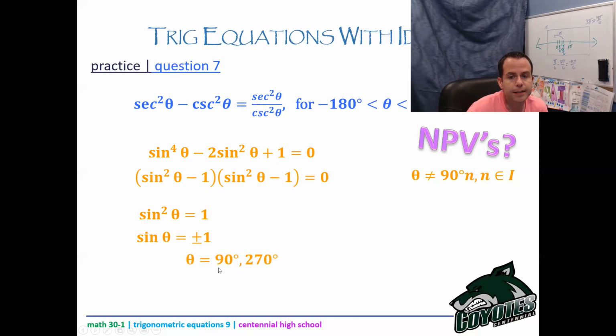I'm looking at 90 and 270. Then I have to do 2 things. I have to look at my domain, and I have to look at my NPVs. And as soon as I look at my NPVs, 90 and 270, and every multiple of 90 and 270 after that is an NPV. So the only solutions I have found are extraneous, and so there are no solutions.